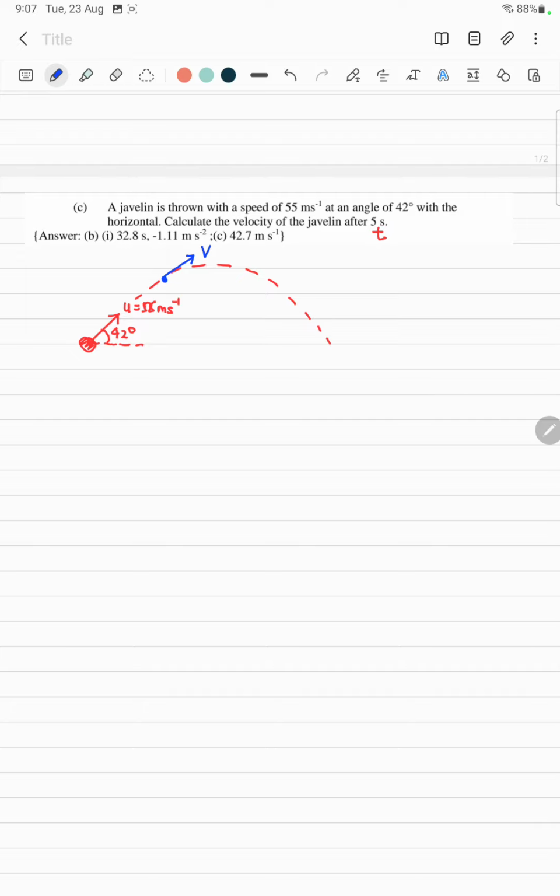So we understood for projectile motion, the velocity must be composed of component X and also component Y. Okay, dia mesti terdiri daripada dua komponen. So in order to find the velocity, we need to find the horizontal final velocity and the vertical final velocity.